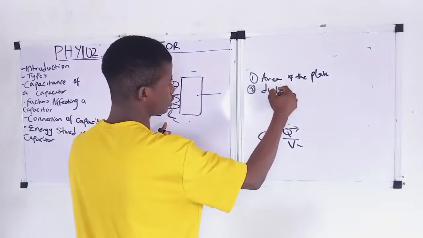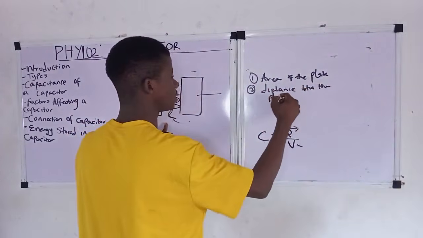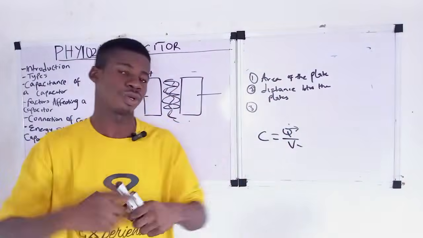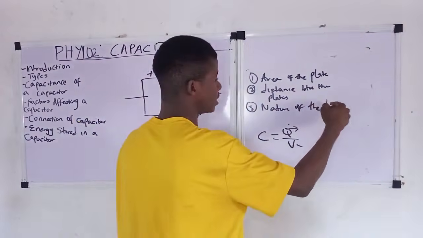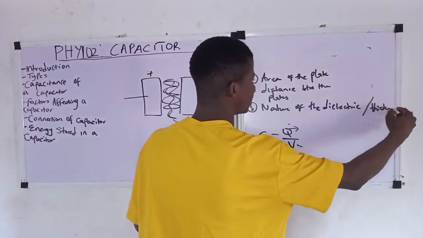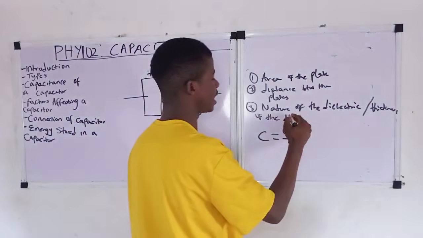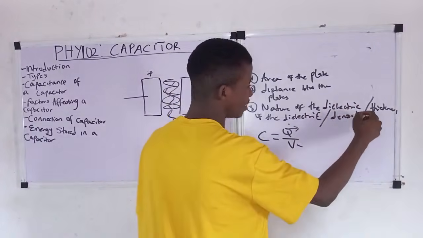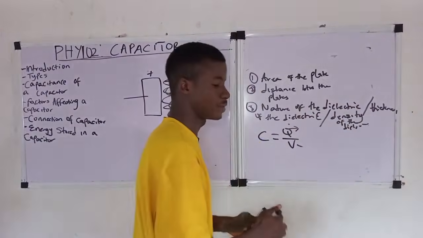Two, the distance between the two plates. Three, the nature of the dielectric, or the thickness of the dielectric, or the density of the dielectric.